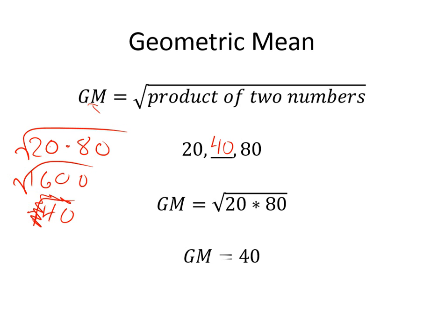If it doesn't come out as a nice round number, keep it in radical form, so simplify the radicals. But otherwise, simplify it if it comes down as a nice round number. So that's the geometric mean: multiplying and then taking the square root.